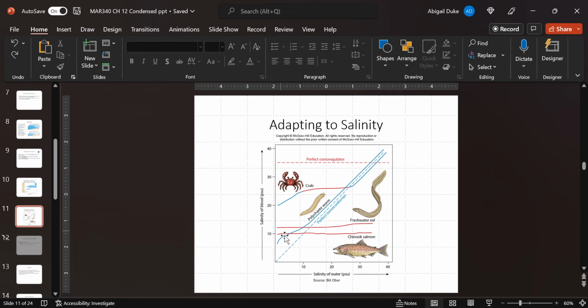So they're regulating their own. They're like, nah, this is how I want it. This is my regular. Then we have an osmoconformer right here, which is this polychaete worm, I don't know, and it is on this line of the osmoconformer. It gets a little wobbly over here, but whatever it is on the outside is what it's on the inside.